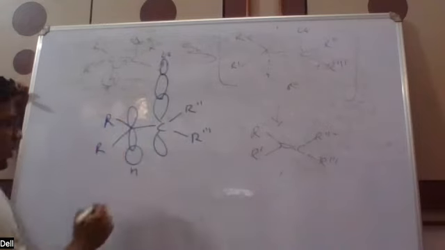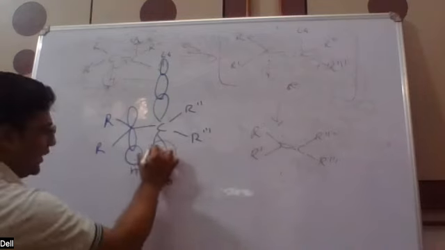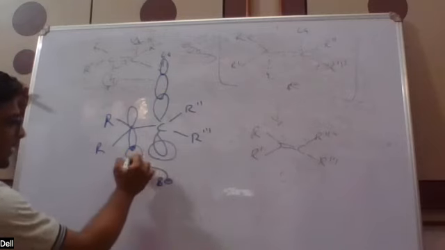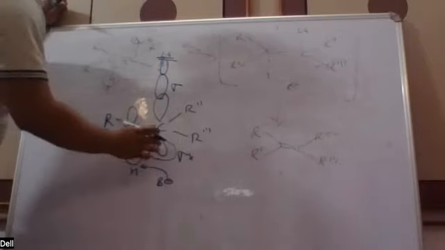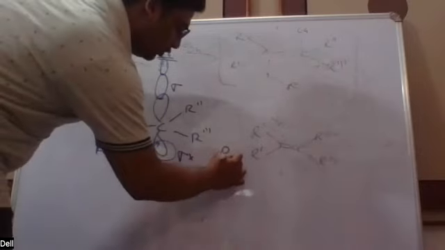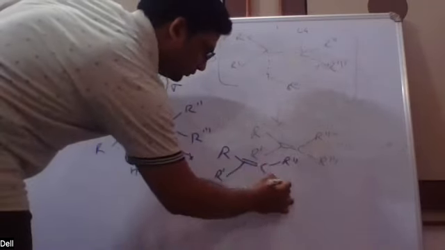So when the base attacks this hydrogen, this orbital needs to be vacant so that these two electrons which are bonded with the carbon can be transferred to the antibonding orbital, the sigma star of this C-leaving group orbital. So when the two electrons transfer, this bond will get broken and there will be formation of a bond like this. So for this we need the anti-periplanar geometry in the E2 elimination.